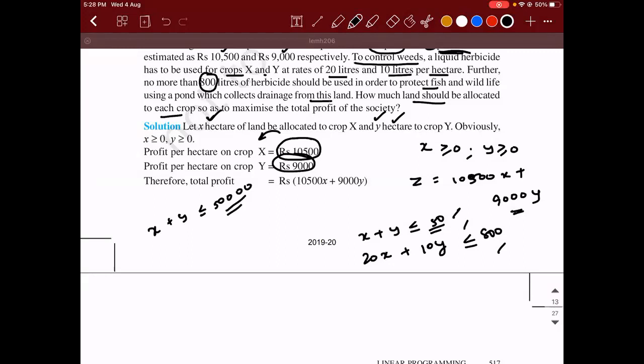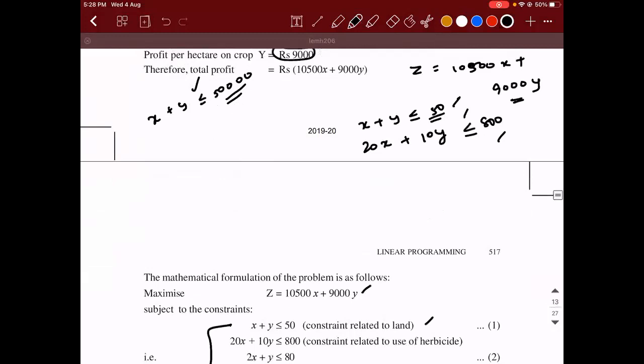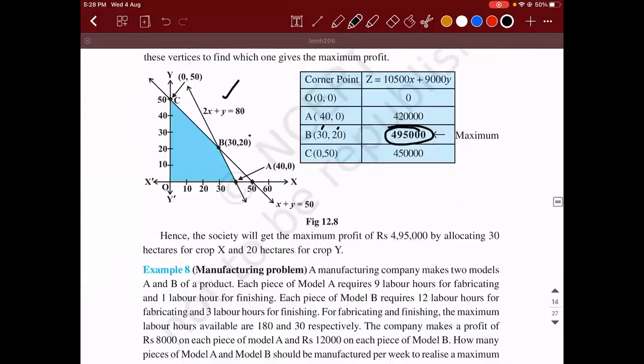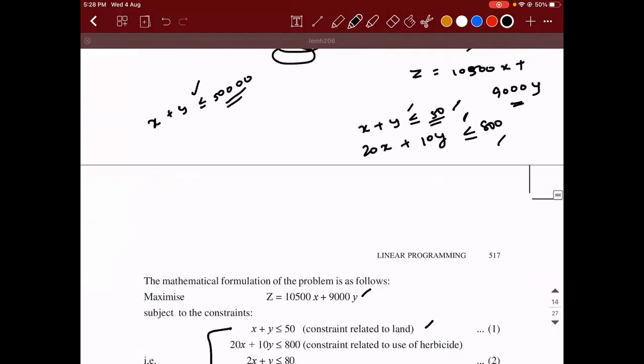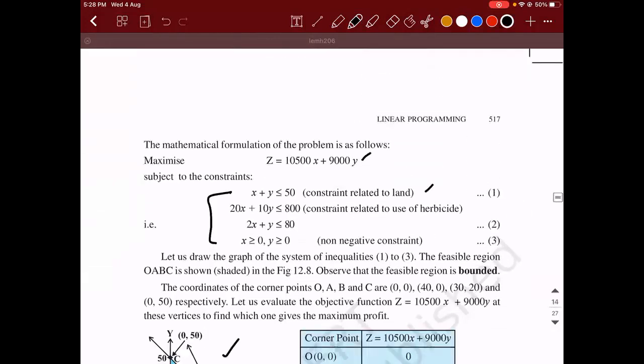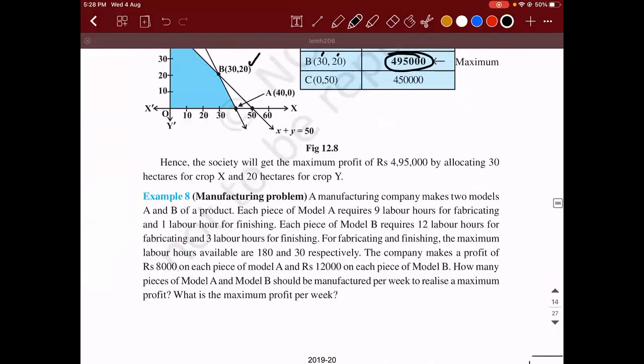I'm talking about a real-time thing. Here they are saying that there is a profit, right? So that is the reason why we are using less than or equal to. Are you able to understand that? Okay, sir, I understood. So here, obviously, you will get a bounded graph. By looking at the equations, you can say less than or equal to, less than or equal to. So bounded graph, yes, you will be able to find the maximum profit. Correct?